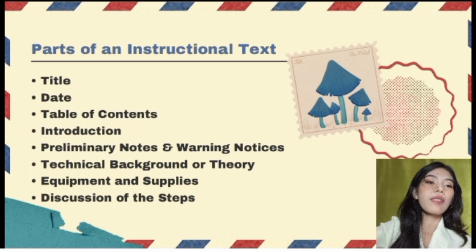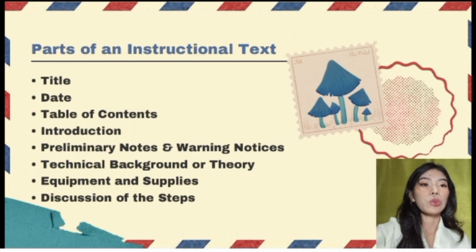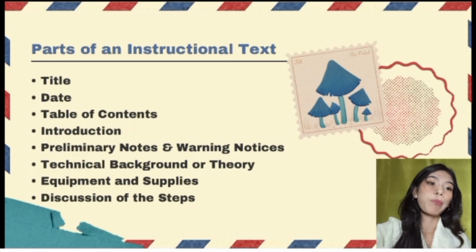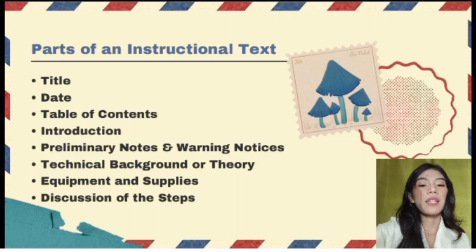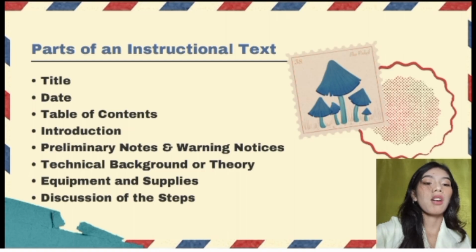Here, the writer should include the list of things to be prepared and gathered before doing the procedure, like the equipment, tools, and supplies. The writer should also specify products, brand names, numbers, sizes, amounts, types, and even models. It depends on the writer.